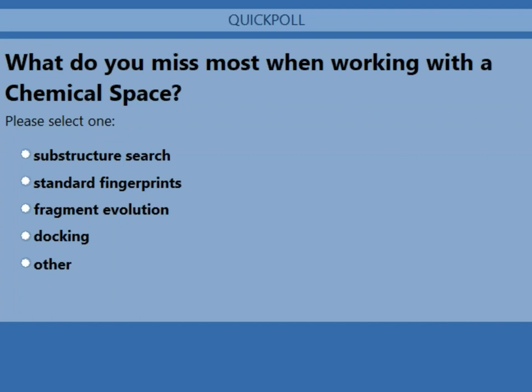We have this method that allows similarity searching with this particular pharmacophore-style similarity. But of course, people have asked us, can I query such a space in a different manner? So what is, in your opinion, most important and should be the focus of our attention moving forward?